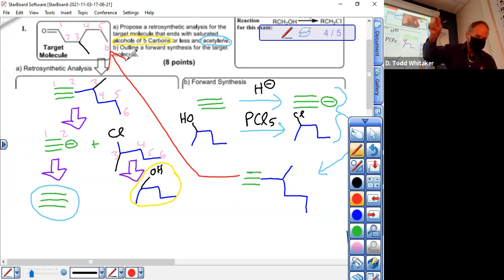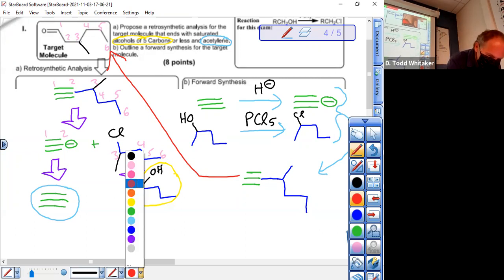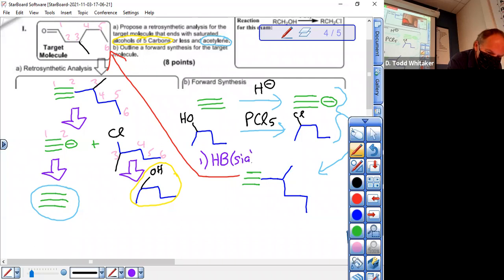How do you make a terminal alkyne into an aldehyde? Yes, there's a tautomerization, and please don't give me mercury. No, mercury's going to give a ketone. The hydroboration for alkynes is HB-Sia2, sec-isoamyl twice. Step 2 is always hydrogen peroxide and hydroxide.